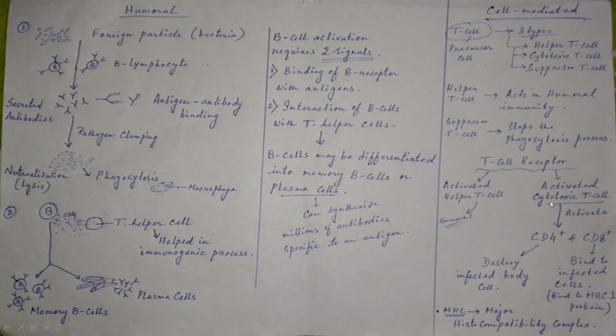And when the cytotoxic T cells are activated, they release two types of proteins, CD4 plus and CD8 plus. Activated means they are charged or energized, so plus they are charged particles. Two types of strong proteins are being secreted.